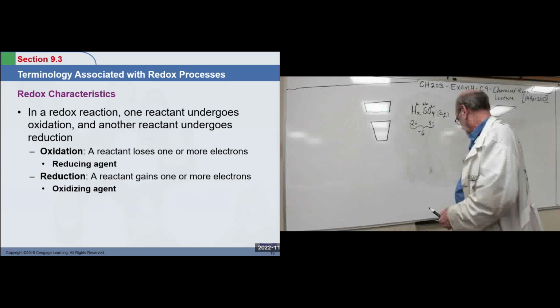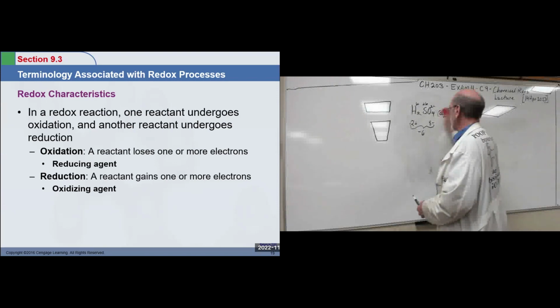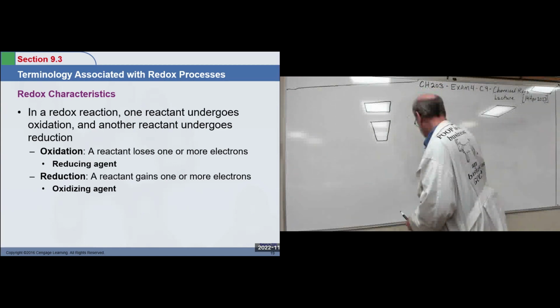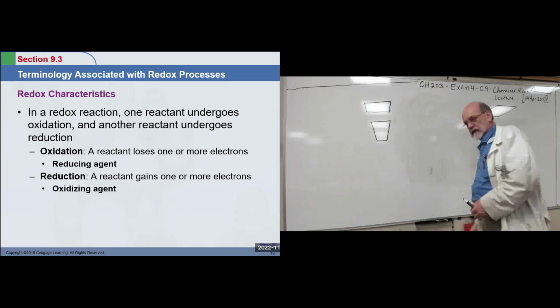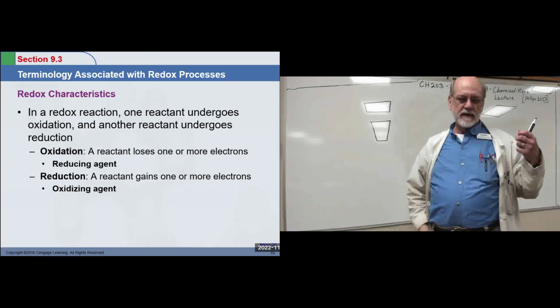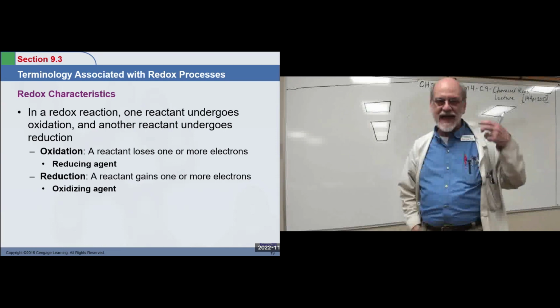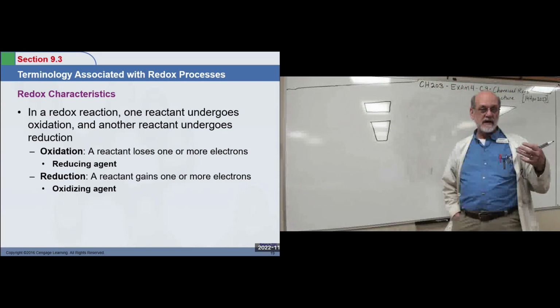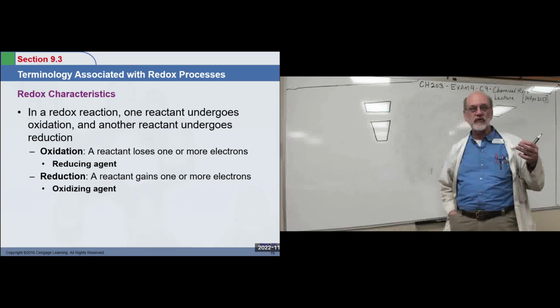Okay. Now, when we set up a reaction, when we want to write a chemical reaction, we have names for the reactants and the products, depending on what happens to them during the reaction.